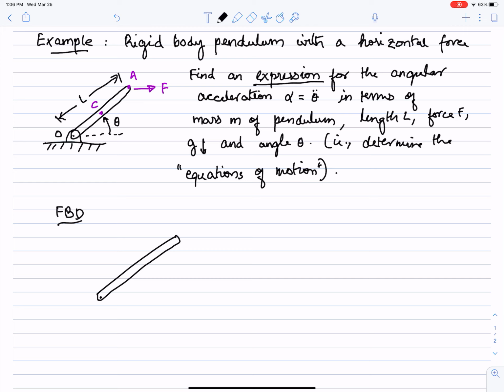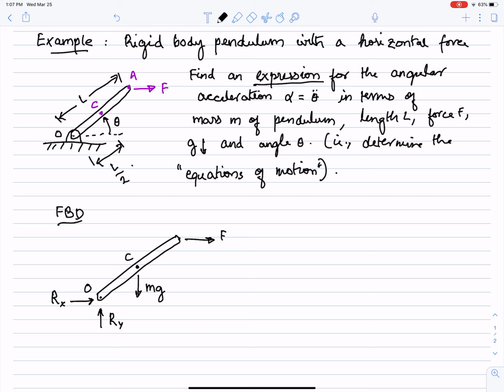That's point O, and maybe we have a couple of reaction forces in the x and y directions. We have the point C, with gravity at that point, downward, and like I said, C is halfway between O and A, so that's L over 2, and we have the force F like so.